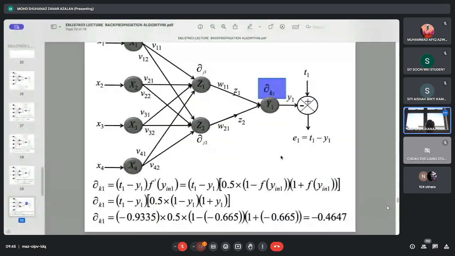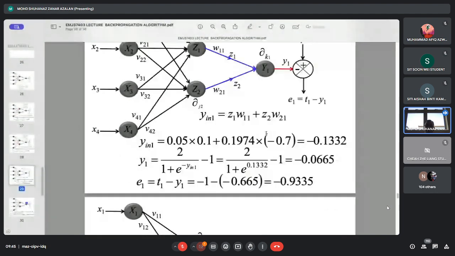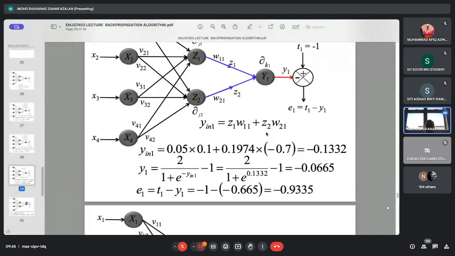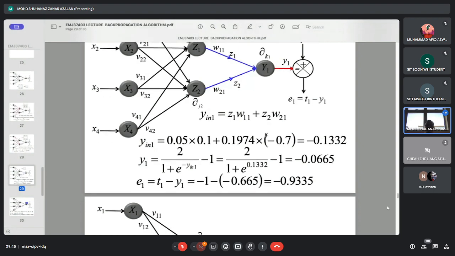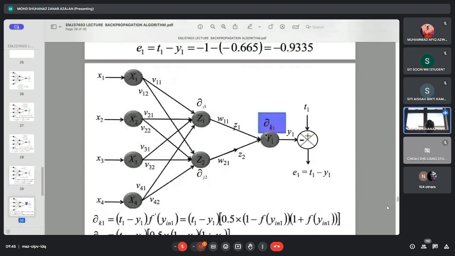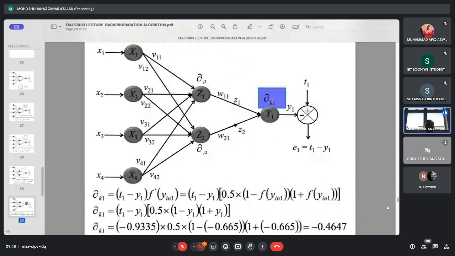And then we need to calculate the delta value. Now we don't update the weightage yet, so in order to update the weightage, we need the delta value. Delta K1 is to update the weightage for W11 and W21.